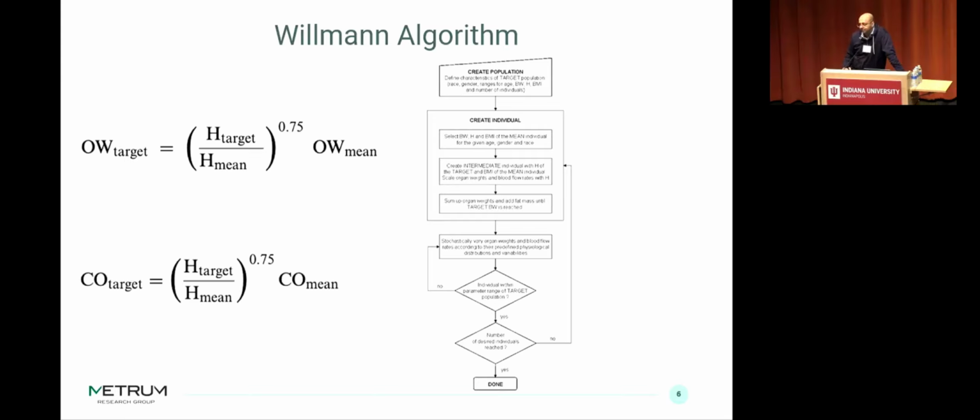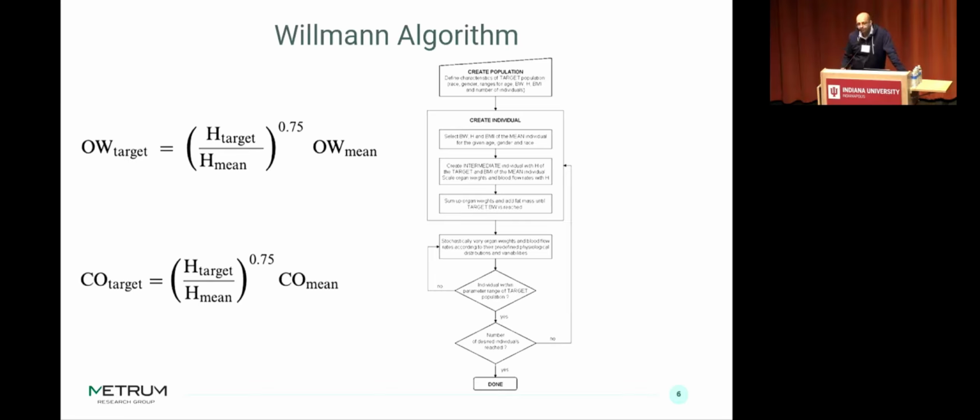It's pretty straightforward. What happens in this larger loop is that this process is done over and over again. So we specify a range of these body weights or heights, and then we run this create-the-individual loop over and over again until we get the required number of individuals in the population. Okay? There's also a bit of stochasticity added here.